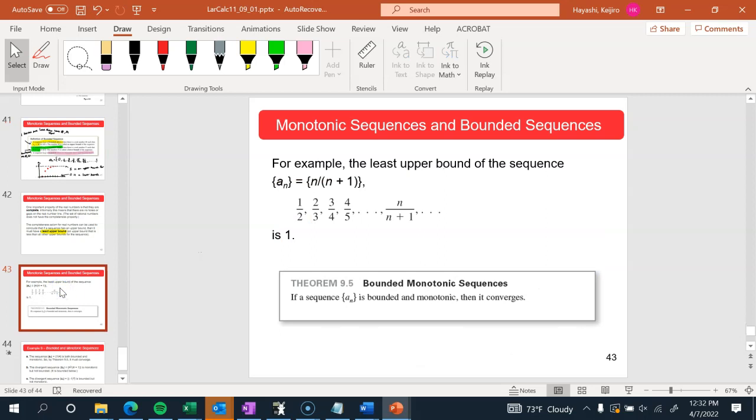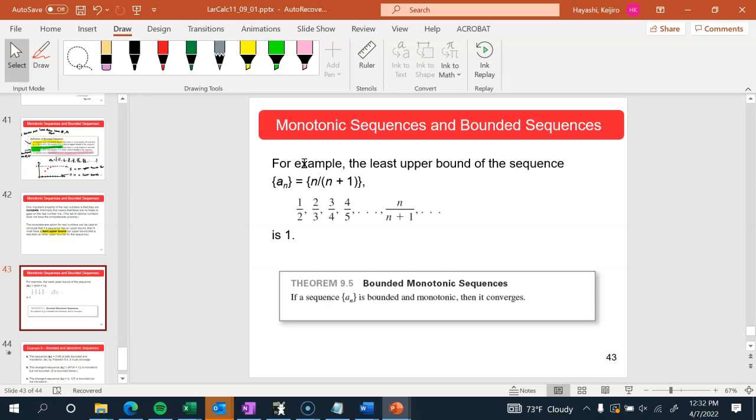So we'll consider this sequence that goes 1/2, 2/3, 3/4, 4/5, 5/7, all the way to 99/100, 199/200, 1,000/1,001, a million over 1,000,001.